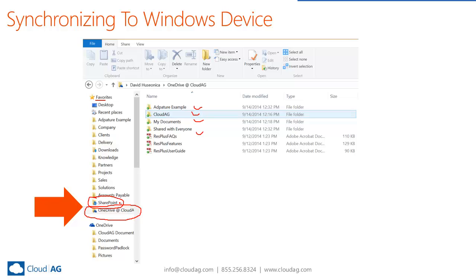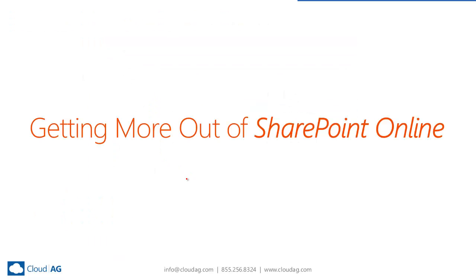And once again, I can work on them, double click on them here, work on them directly in this mode. If I happen to be connected to the internet, it will keep it synchronized. If I'm not, the next time I am connected, it will synchronize it back to the SharePoint site. So that's a little bit about how the synchronization actually looks within your Windows Explorer desktop.